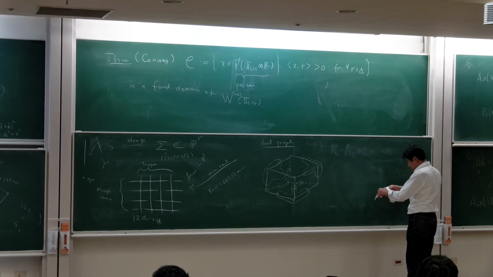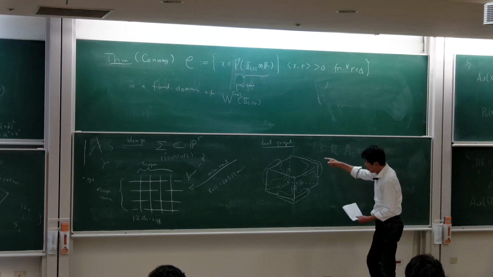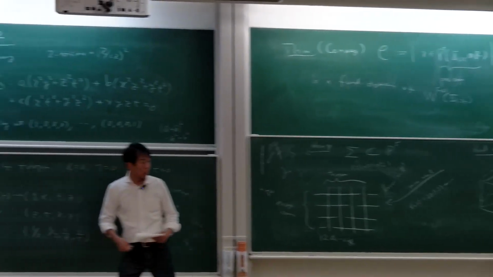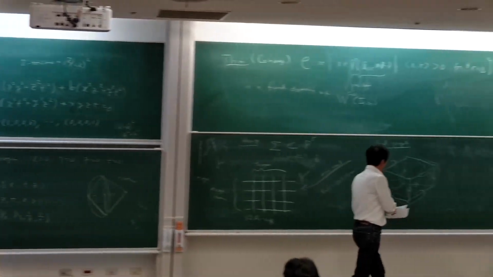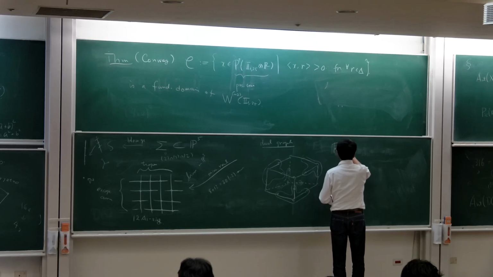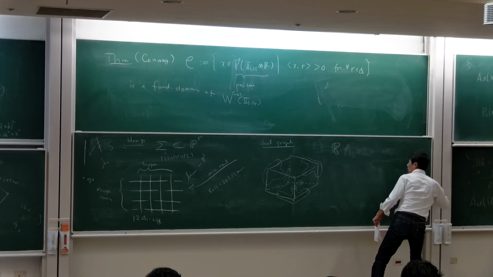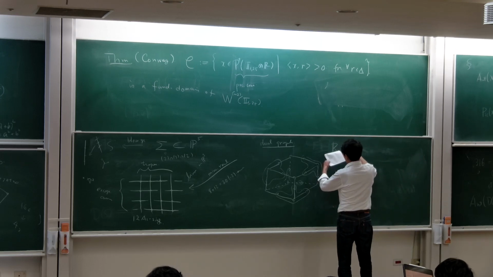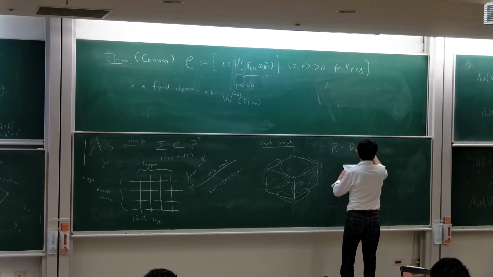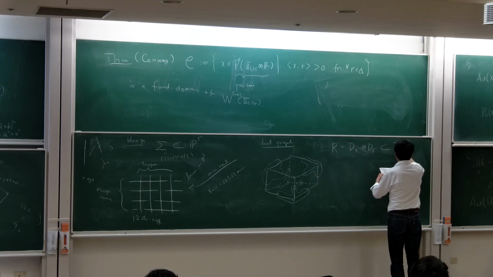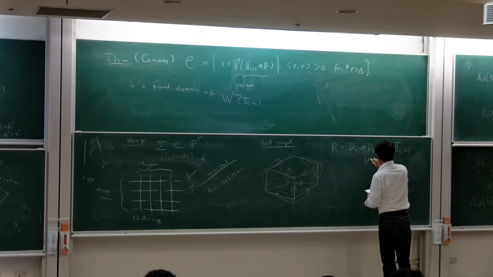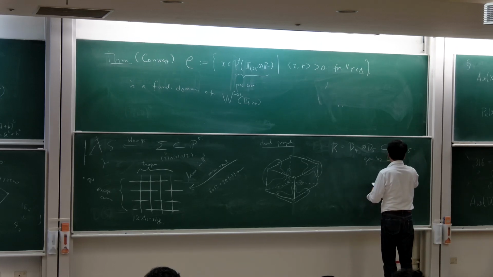And now this is an analog of 16_6. So in this case, I take the root lattice R equal to D4 plus D4, sitting in the Picard lattice, generated by some of these roots.